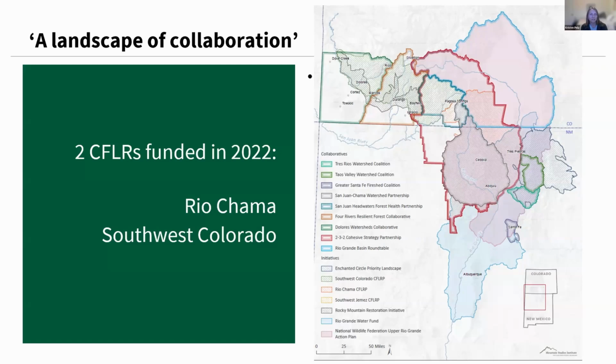A local group, Mountain Studies Institute, based in Durango, put together this map, and I'm thankful for them sharing it. I know it's a little bit hard to look at, but I'll point some things out. This is a map of all the land management initiatives that involve partners in the area, and there's a huge number of them. There are many million acres represented in this map.